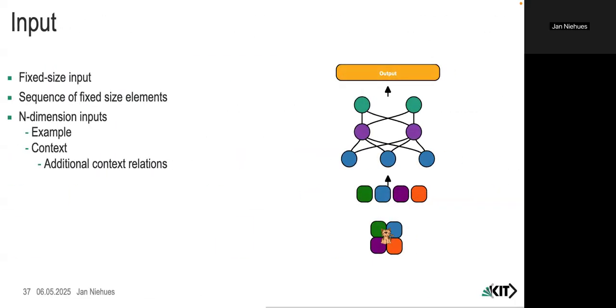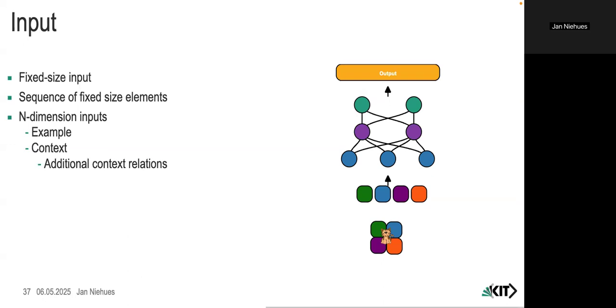What you need, of course, is a bit of additional context relation. In your CNN, if you do the context, you're not only telling it green, blue, and then blue, purple, and then purple, red, because that would mean you somehow treat these two relations as the same.